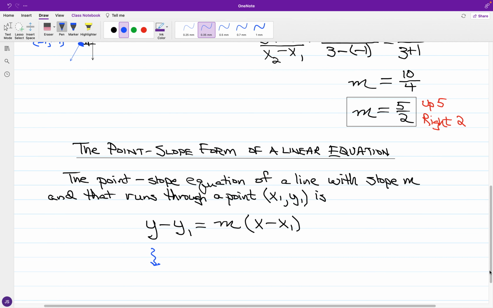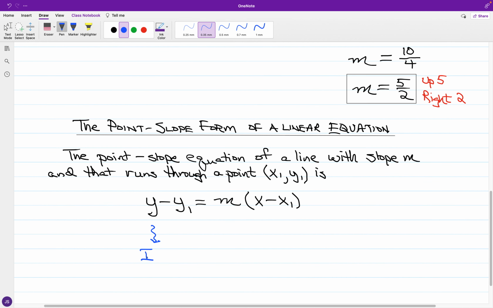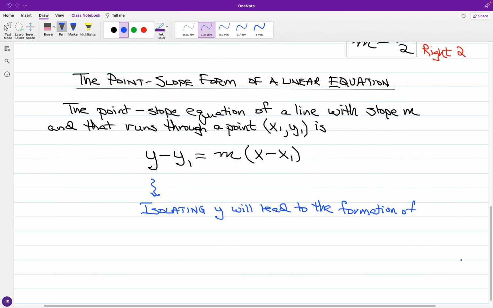And from the point slope equation, isolating y will lead to the formation of what is formally called the slope-intercept form of a linear equation.